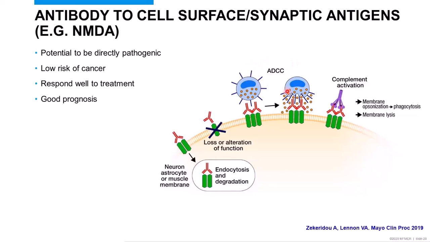You may recruit other immune cells in antibody-dependent cellular cytotoxicity. It may result in complement activation. So this can all be driven by the antibody. These cases have a lower risk of cancer than antibodies to intracellular antigens, and they tend to respond well to treatment, like the case we just mentioned, and overall have a reasonably good prognosis.